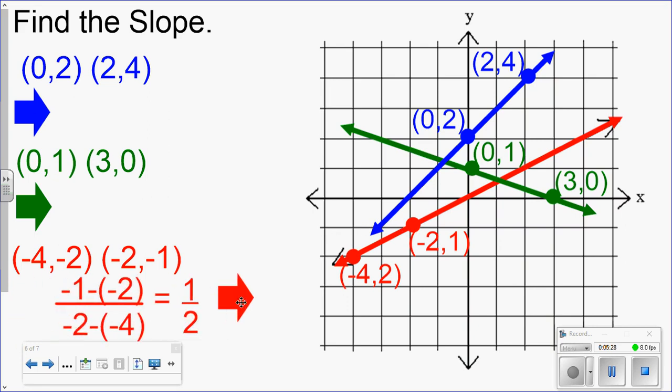If we used our ordered pairs, we'd say -1 minus a -2. The double negative here makes a positive, so -1 plus 2 is 1. And on the bottom, -2 minus a -4, so -2 plus 4 is 2. So it's 1/2.